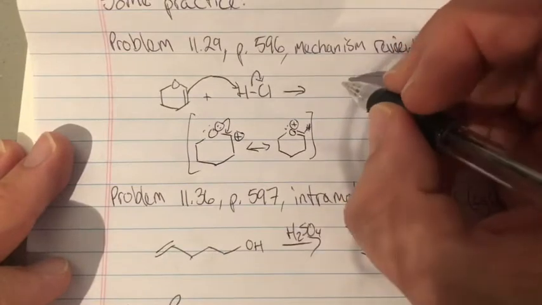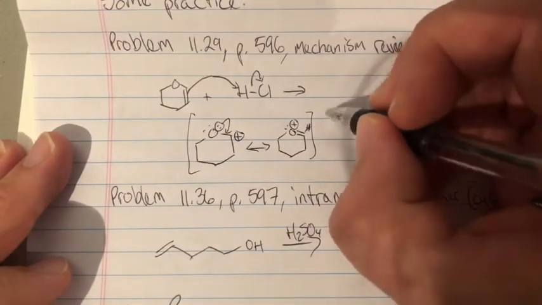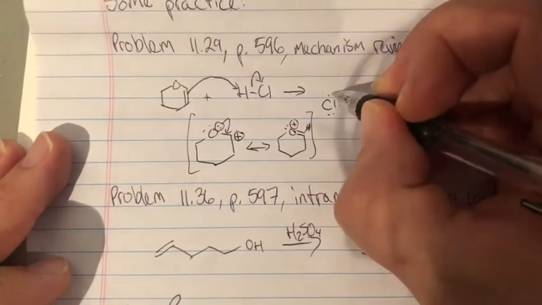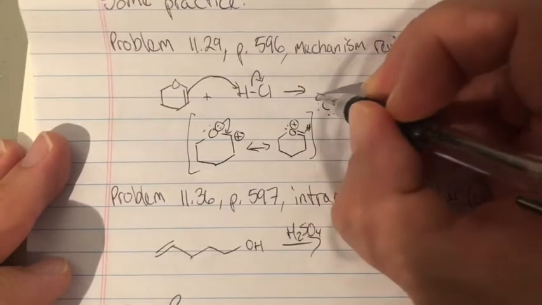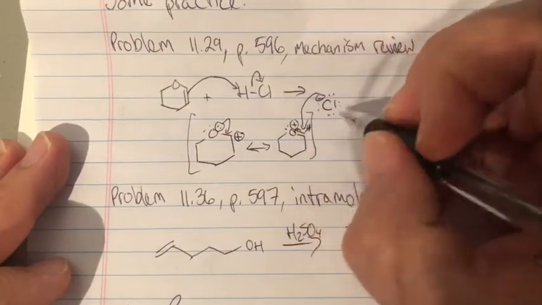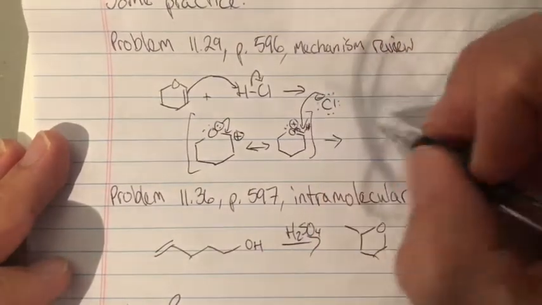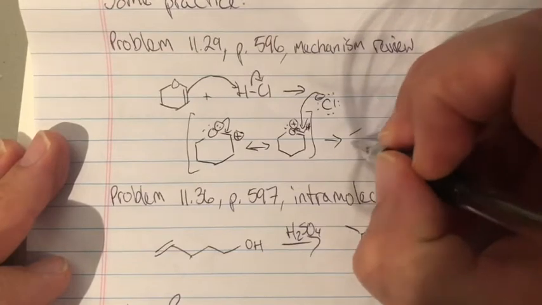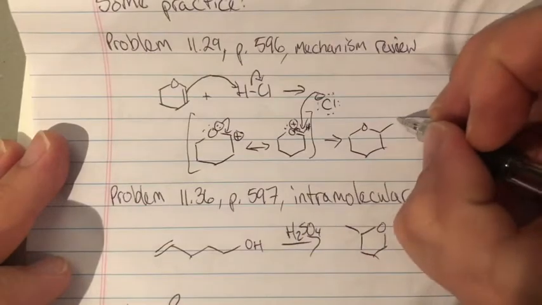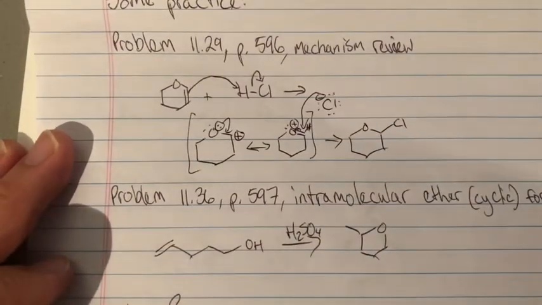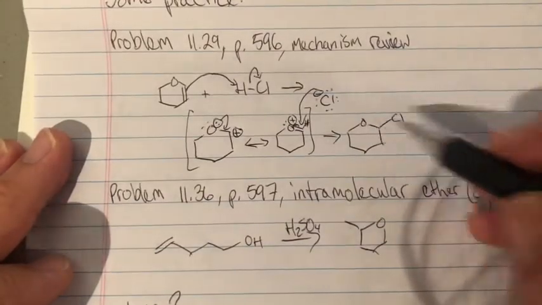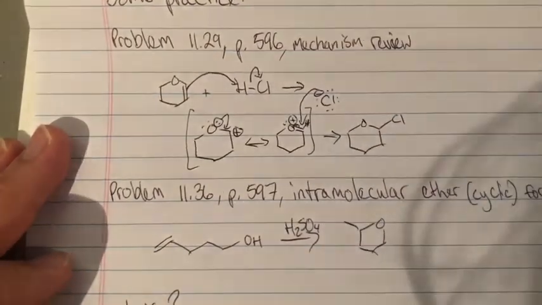All right, so now if you have that Cl minus, that is, quote unquote, the leaving group from the first step or first coordination, now that can come in and knock over those electrons back to oxygen, and now you have Cl directly next to your oxygen.